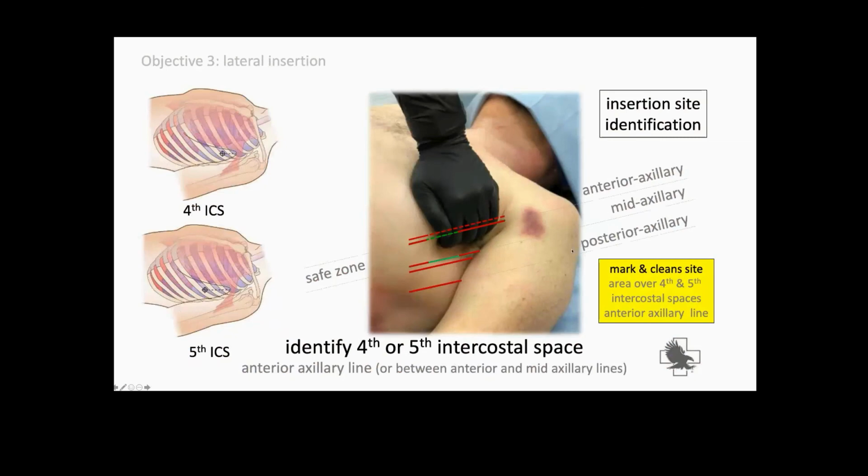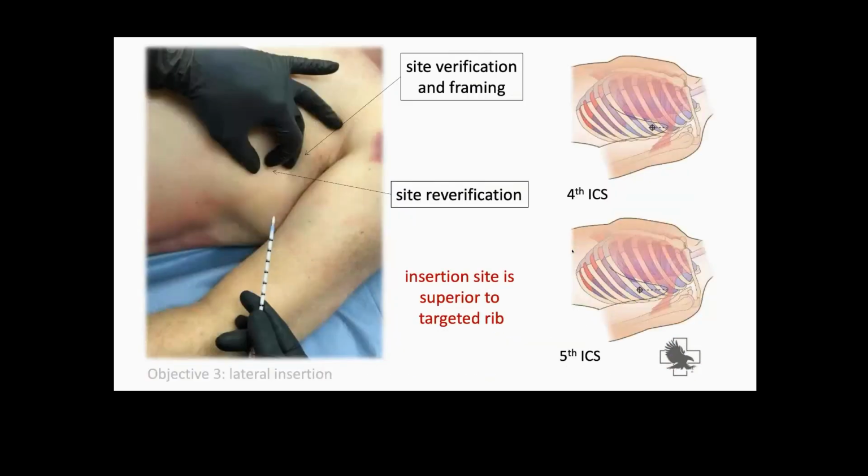Either mark that area, or once you've identified it, maintain tactile location of that with your hand. You're going to clean that area as quickly as possible and prepare that site for insertion. With that said, you verified that you're in the fourth or fifth intercostal space, between the mid-axillary and anterior axillary line. You're going to do that same kind of framing with your index finger or your middle finger and your thumb, using your index finger to identify your insertion site.